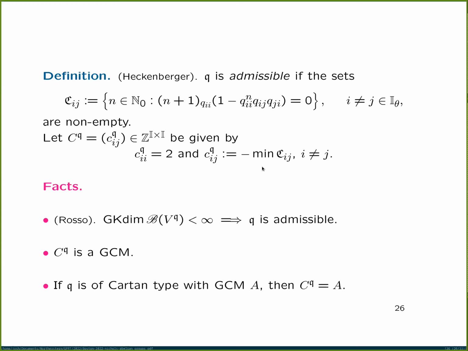Then this is a generalized Cartan matrix. It is not difficult to see that if q is of Cartan type, as I explained before, then the matrix C^q, which appeared here, coincides with the same A that defined the notion of Cartan type.